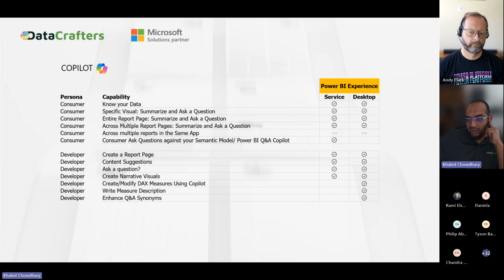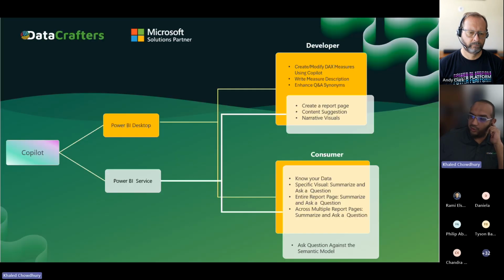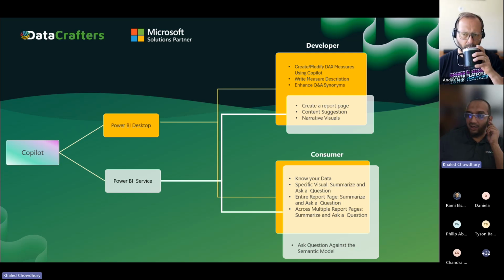We'll go through the details, and it's just another way of representing what you can do. In general, developers can do whatever consumers can do, and whatever you can do in service, you can do in desktop at this point, which was a limitation. It's in preview, but you can do whatever you can do in service. The difference is there are certain things you can do in desktop, specifically with DAX, that I haven't yet figured out how to do in service.